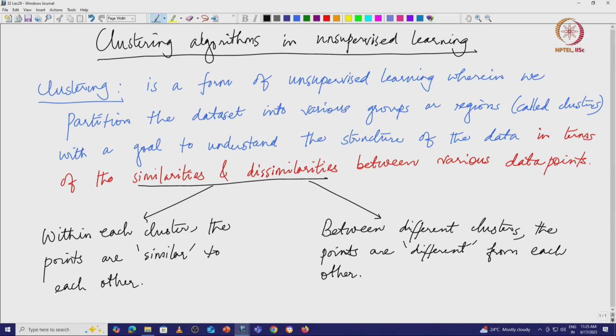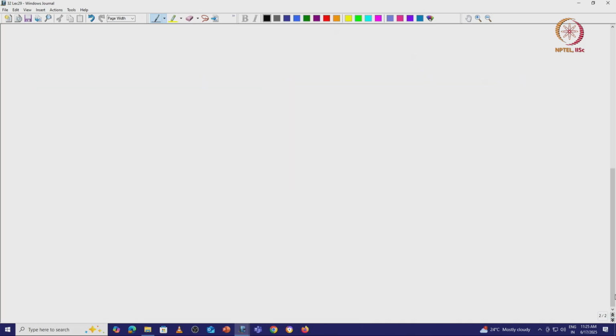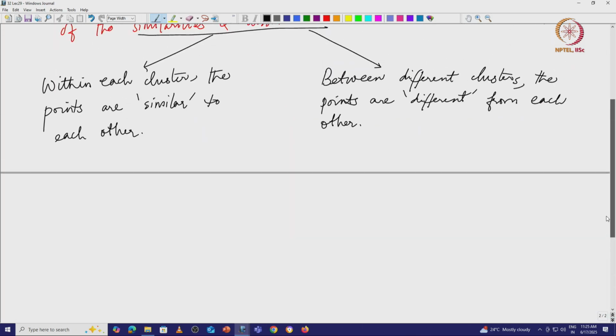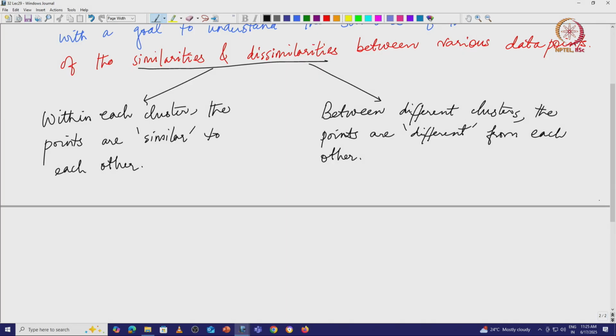Okay. So, this is essentially what clustering is, and it can be done through various algorithms. We will learn some of these algorithms in this course.